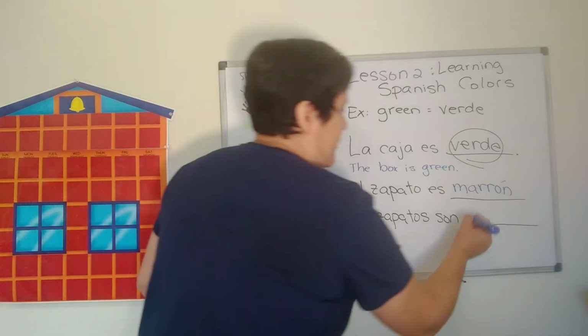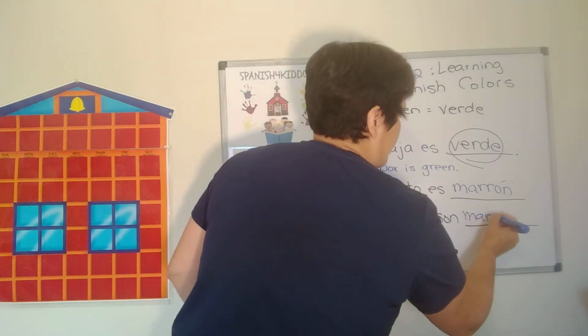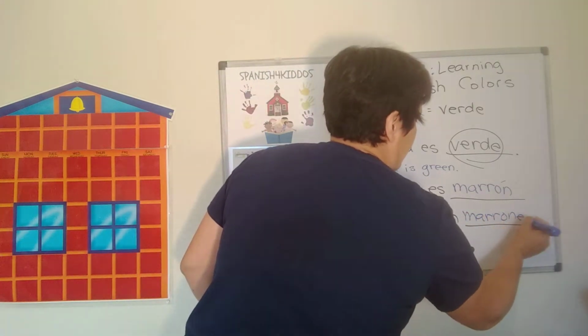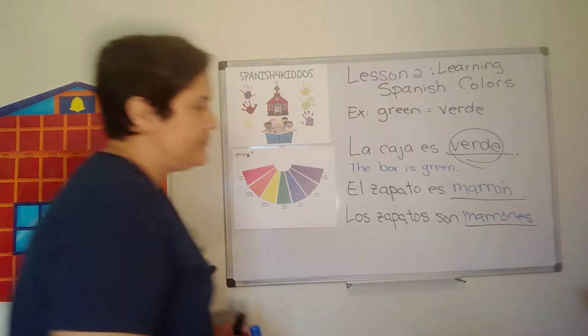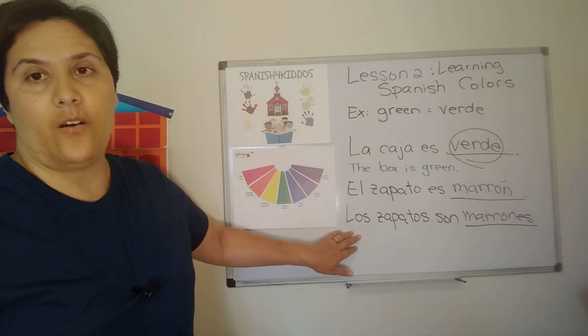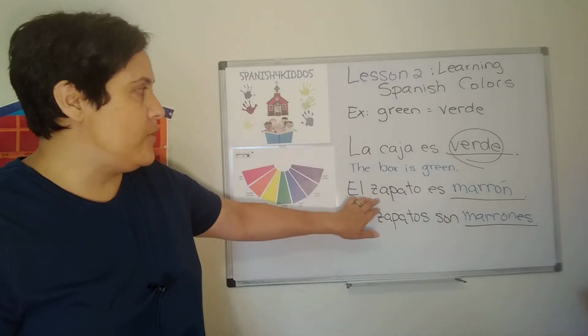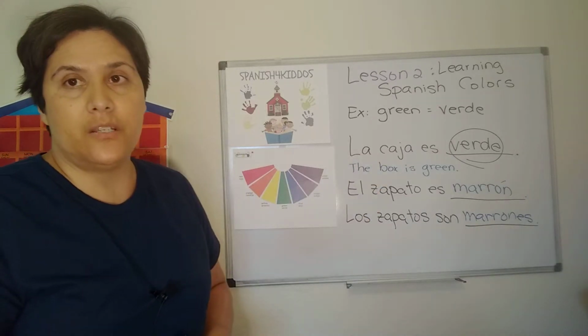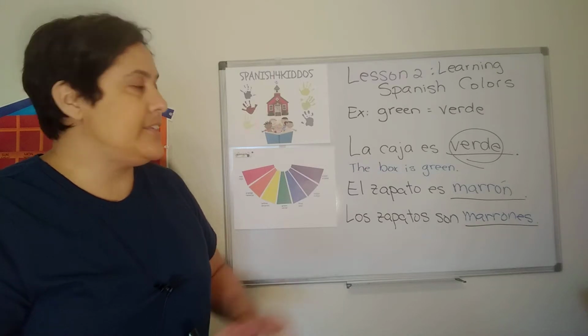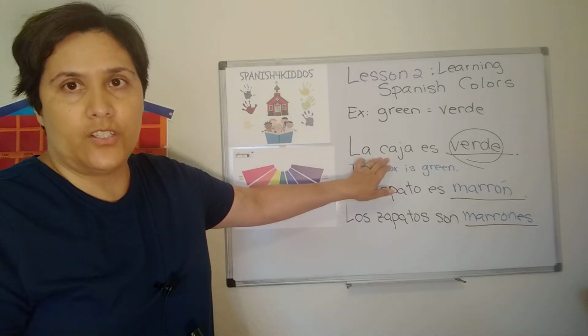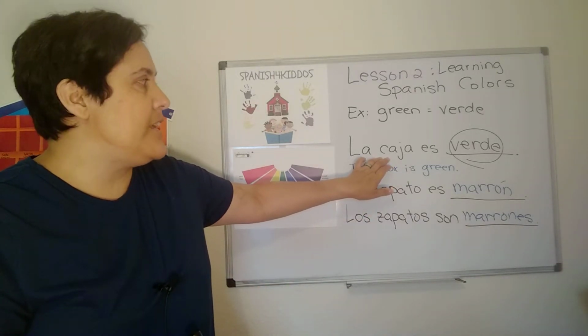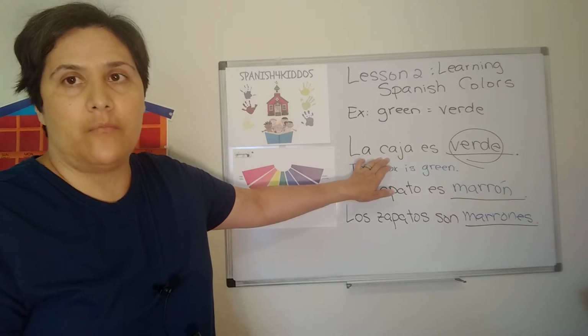In this case it would be marrones. So notice how it also changed based on what we had for our noun. If I wanted to do caja, and go from a singular caja to a plural cajas, then I would say las cajas son verdes.